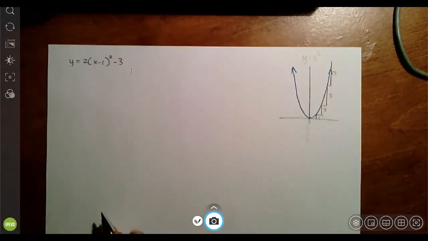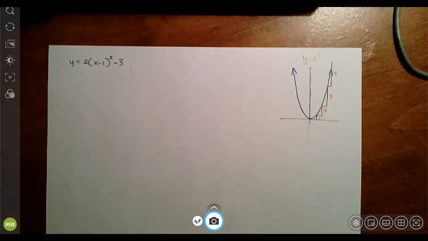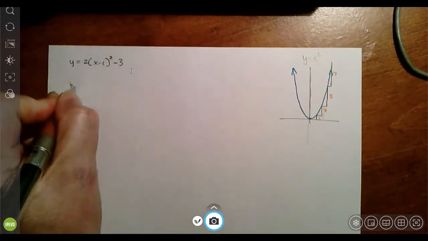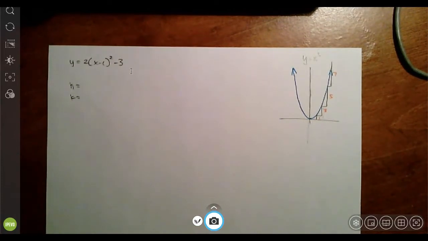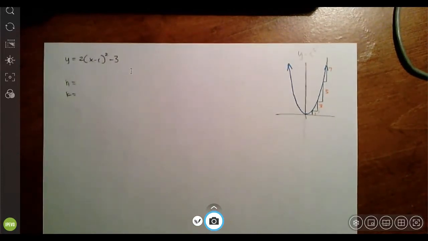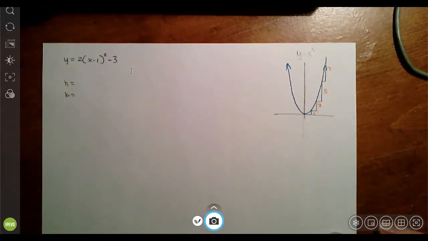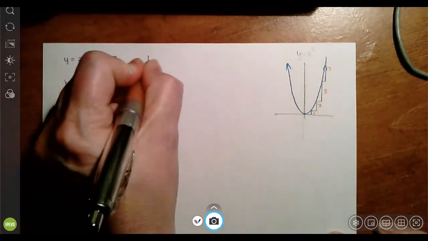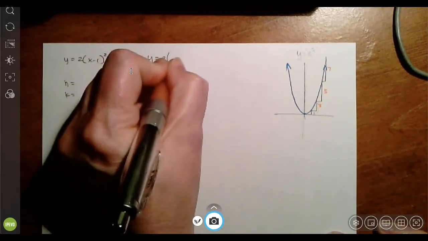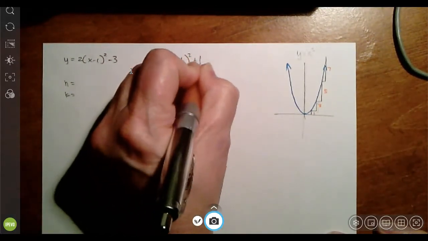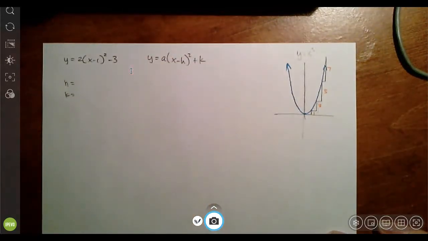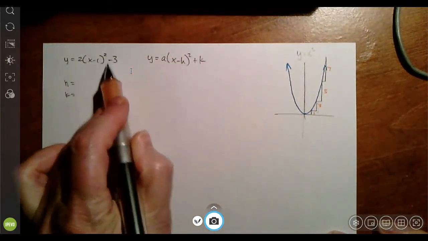So the first thing we need to do is figure out, okay, what are h and k in this? Because remember, the vertex is really the values of h and k. So one thing that you'll notice in our base equation is that k, you're just going to pluck right off the end.